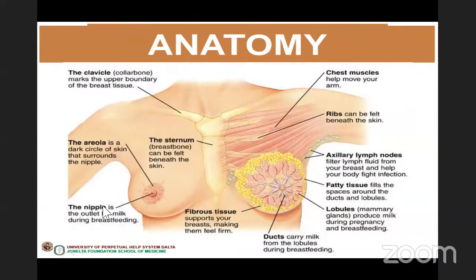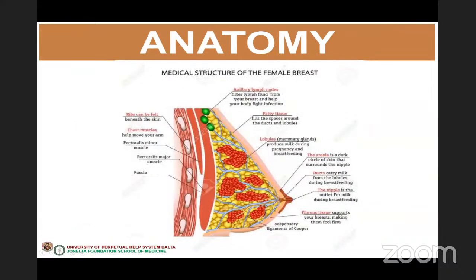Medically, important would be your lymph nodes, your fatty tissue, your mammary glands, and the like.